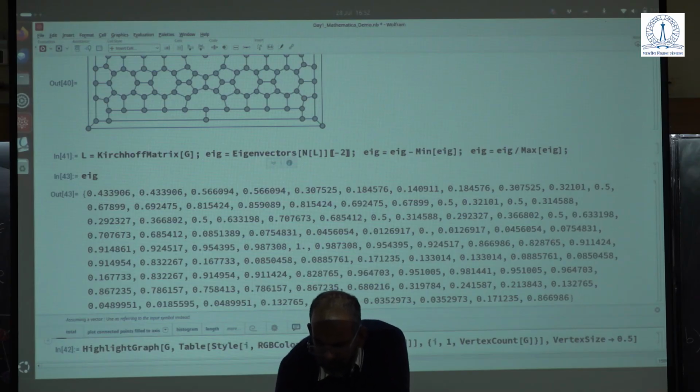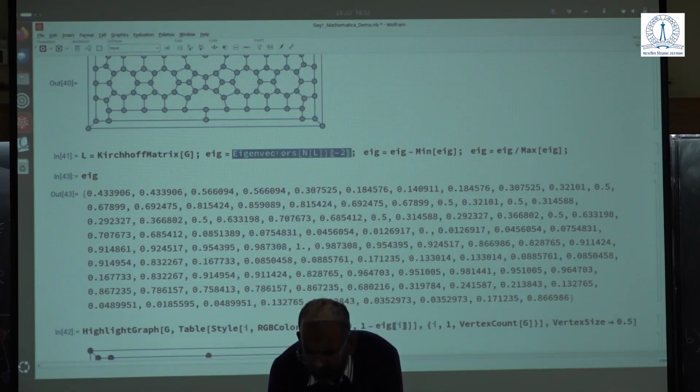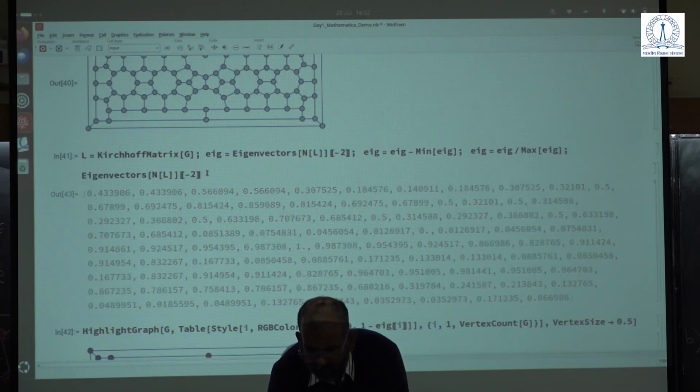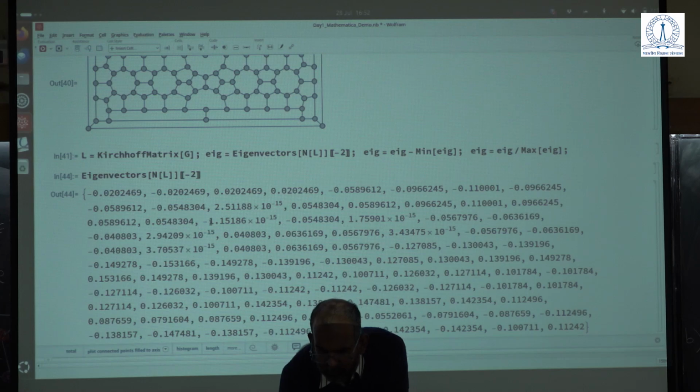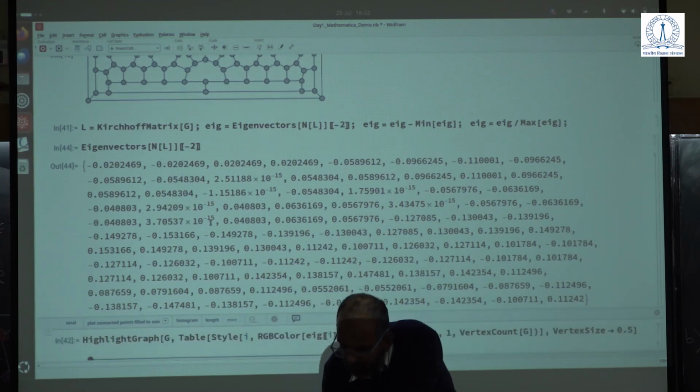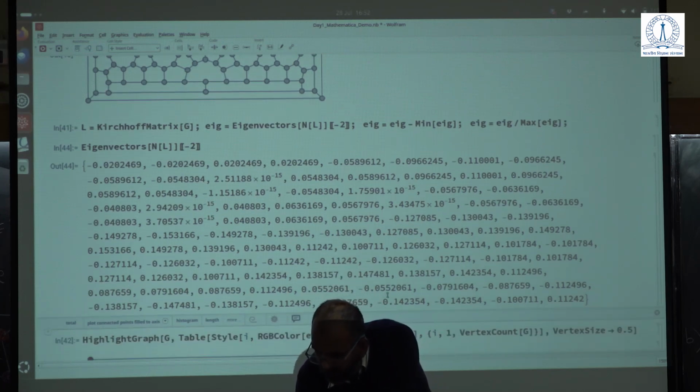Okay, there's some renormalization here. So I'll just do this. You can see that some of the numbers are negative, some are positive, some are very, very small, 10 to the minus 15.